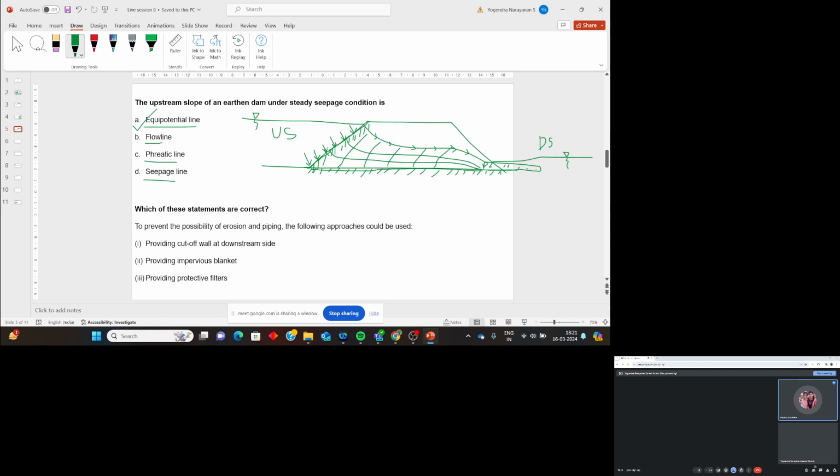And water is reaching here, at the downstream end. Now water flows through this flow net like this.